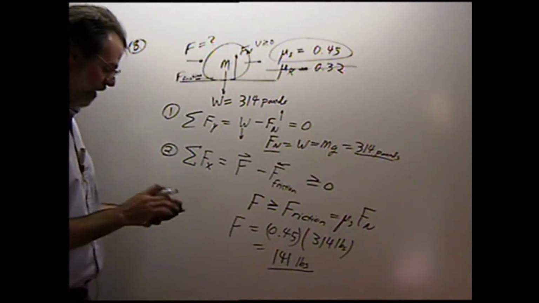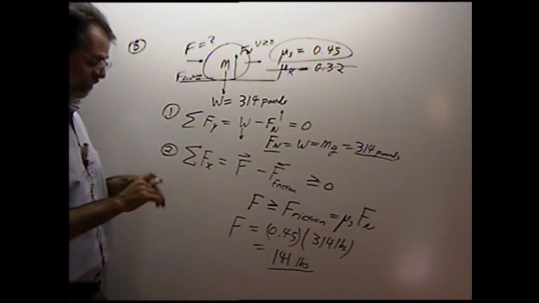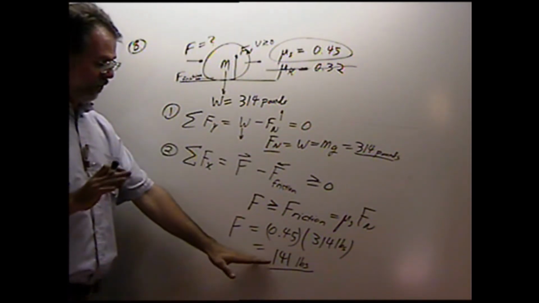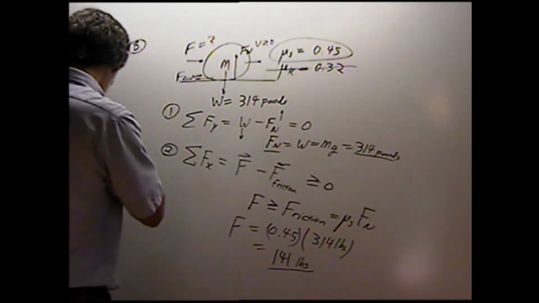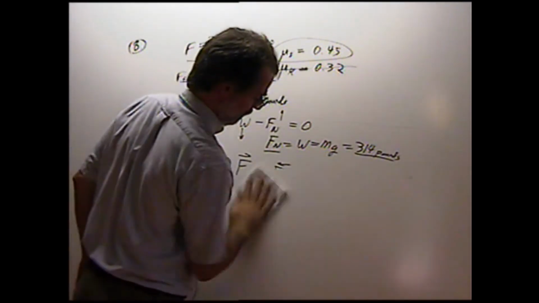So that will be the minimum force he has to apply to just barely get the rock moving. To really move it quicker, he has to push with more force than that. Okay, so that's question 8.